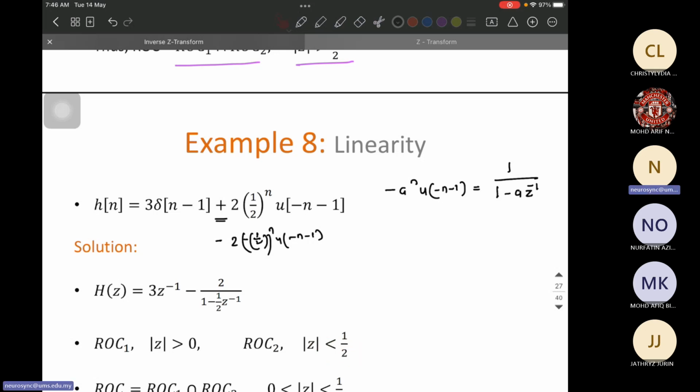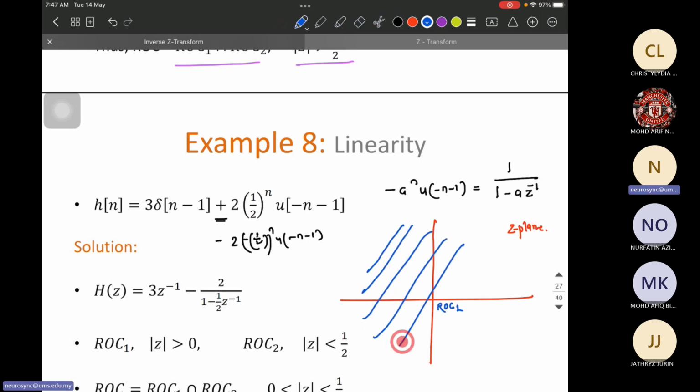So if we plot these ROCs, this is my z plane. For the first, ROC1 is z greater than 0, except 0, so the entire z plane is my ROC1.